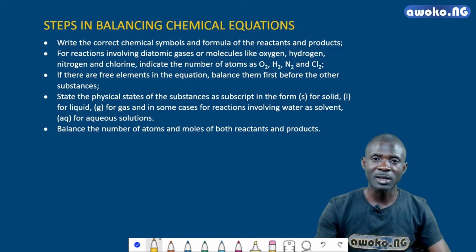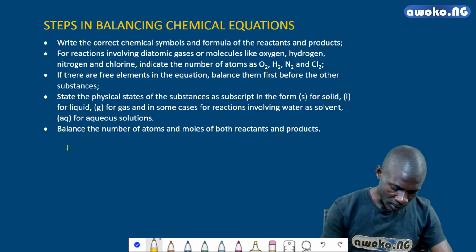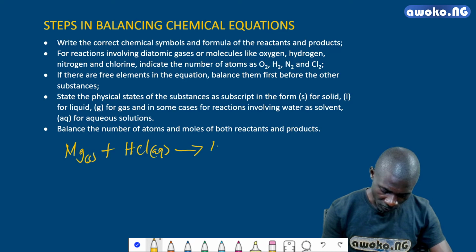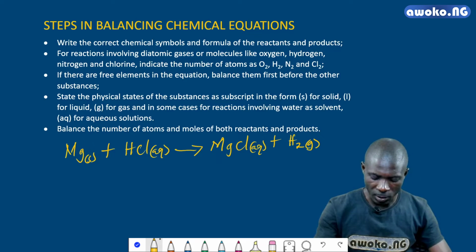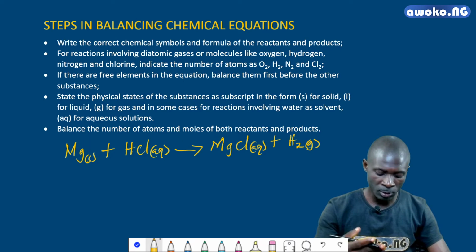Let's take a look at a common example: magnesium reacting with hydrochloric acid to give us magnesium chloride and hydrogen gas. Of course, this is not a balanced equation, but it's just to show you how a free element can exist in a chemical equation.